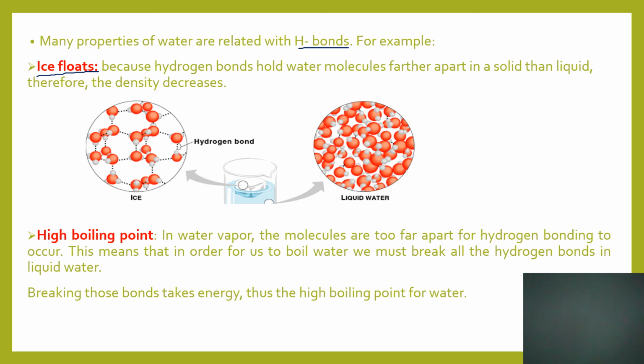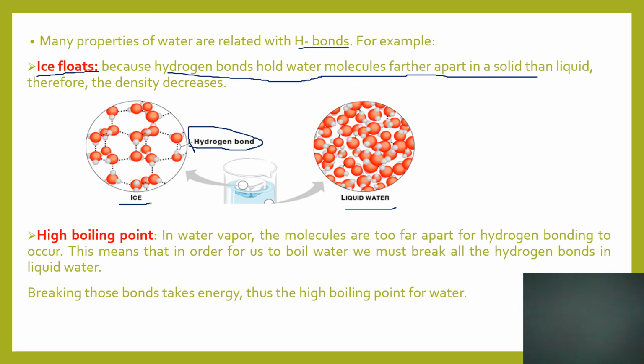This is because hydrogen bonds hold water molecules in solid water, or ice, farther apart from each other than in liquid water. Here, in ice, water molecules are far apart from each other, but in liquid water, they are nearer to each other. This is because of the hydrogen bond.